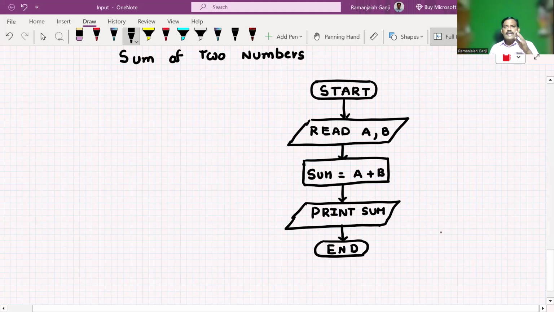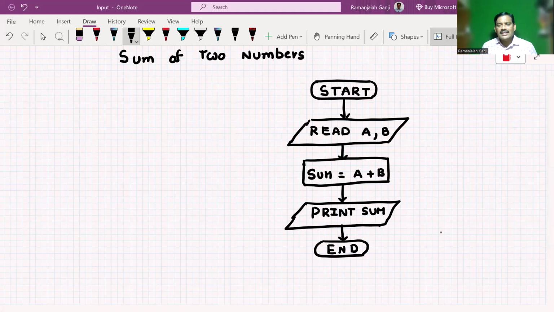Listen. A graphical or pictorial representation of an algorithm is said to be a flowchart. What is the flowchart here? I want to find sum of two numbers, that is addition of two numbers.